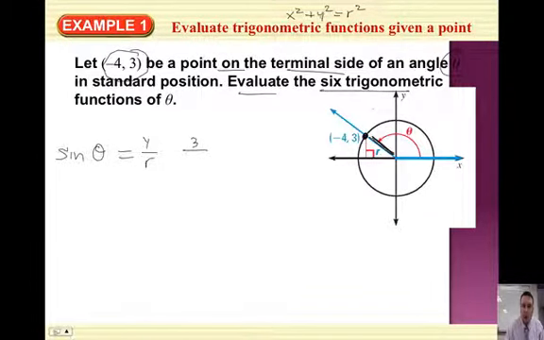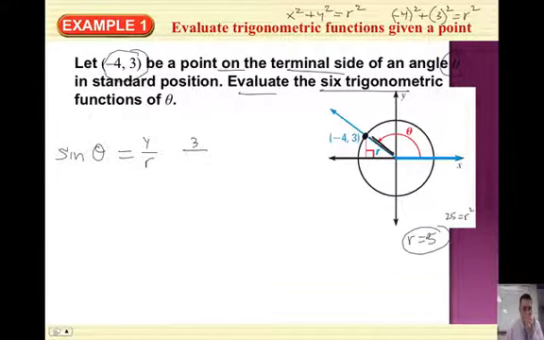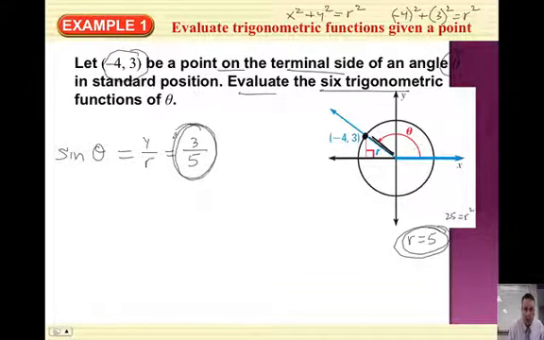We don't know r. Let's put x and y in. X is negative 4, so negative 4 squared plus 3 squared equals r squared. Solve. 16 plus 9, that's 25, equals r squared, which means r equals 5. There we go. So that's a little piece we have to know. So 3 over 5. Sine of whatever angle this makes is 3/5.